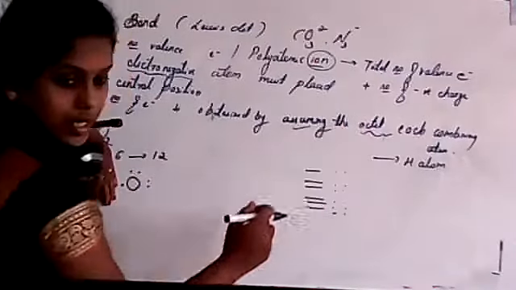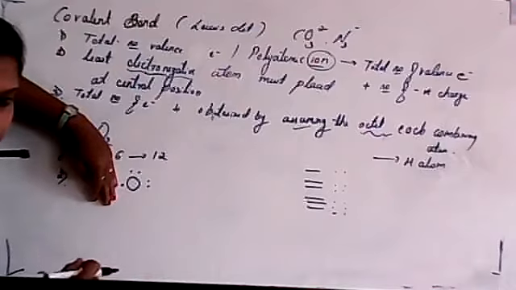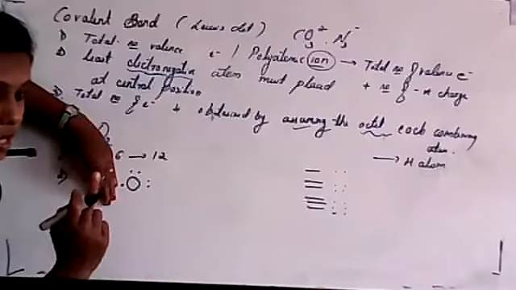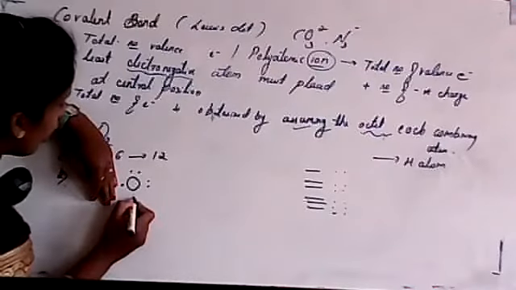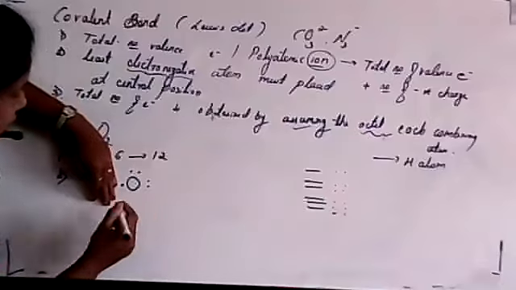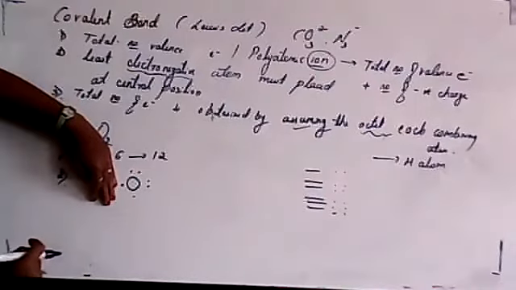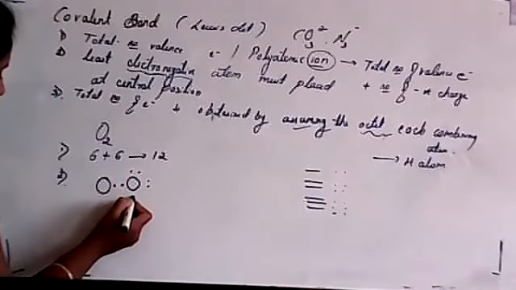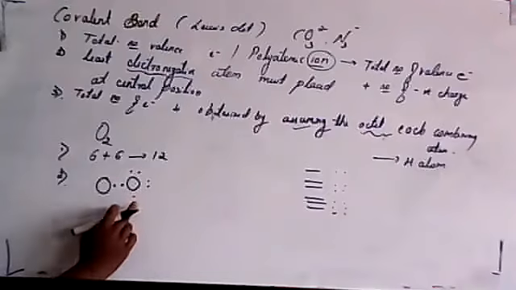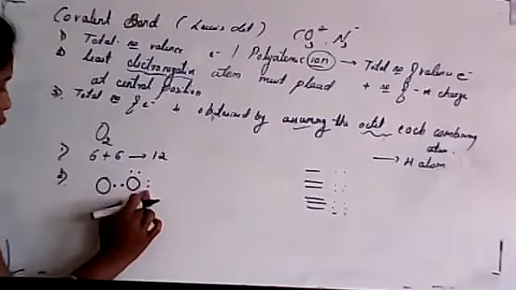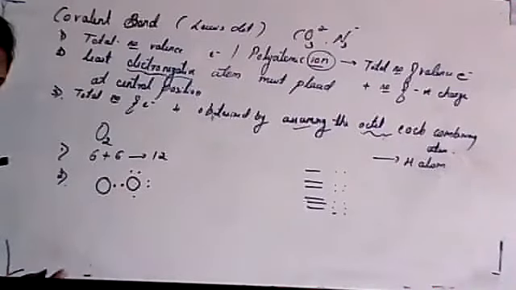Is there any octet? No, isn't it? So that means there must be another electron. If I place that other electron here, 1, 2, 3, 4, 5, 6, isn't it?